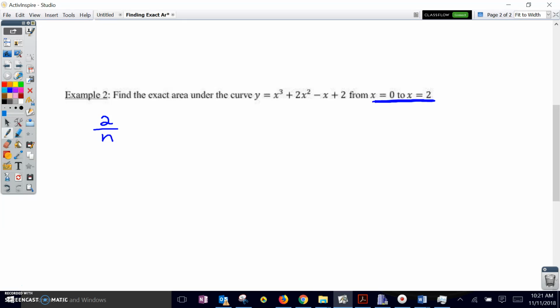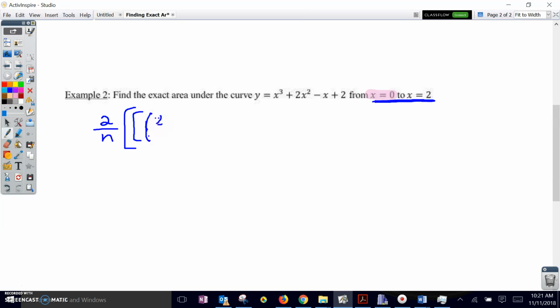And then we need to find the value of the function at the right endpoint of a few rectangles. Okay? Now since we're starting at x equals 0, the right endpoint of the first rectangle is going to be at 2 over n. So we're going to substitute 2 over n into this function.